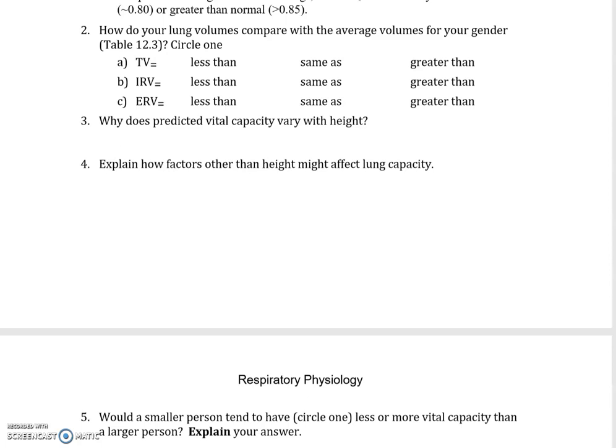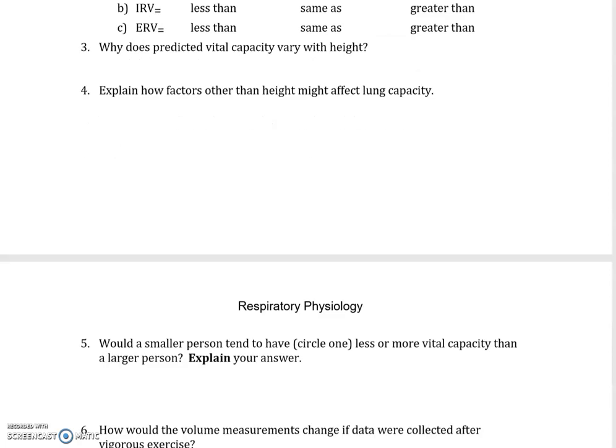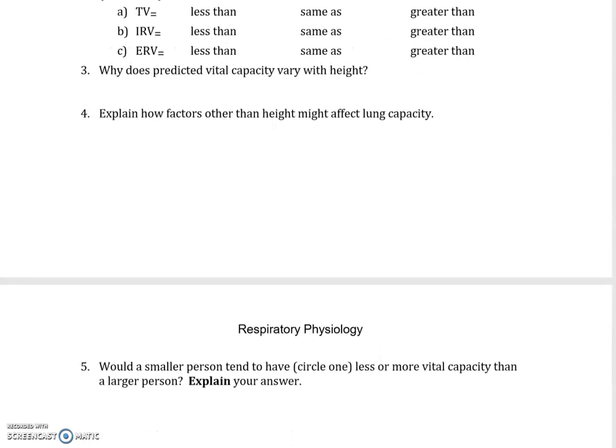But here on 3, why does predicted vital capacity vary with height? Well, of course, if you're taller, then the presumption is that you have more space in your thoracic cavity. More height means more space, and that means larger volumes. So explain how factors other than height might affect lung capacity. Well, definitely your age also plays a role, and gender, and lifestyle choices, what you're doing with your lung capacity.